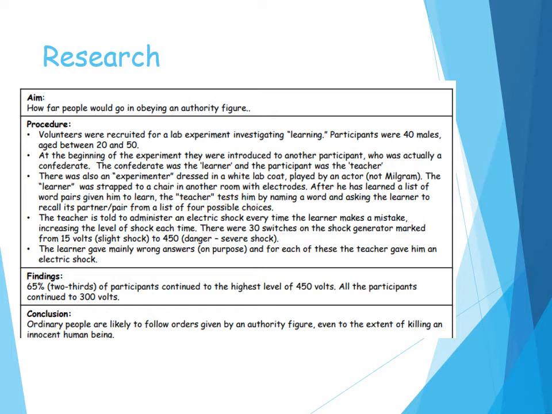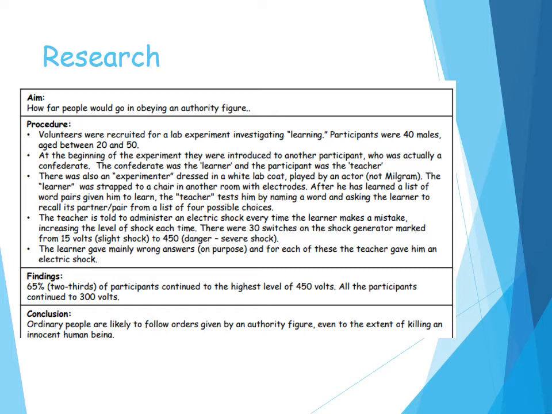The shock machine went up in 15 volts each time. There was only one true electric shock, given at the start of the experiment when the naive participant was given an electric shock, and they had to judge what the level of that shock was.